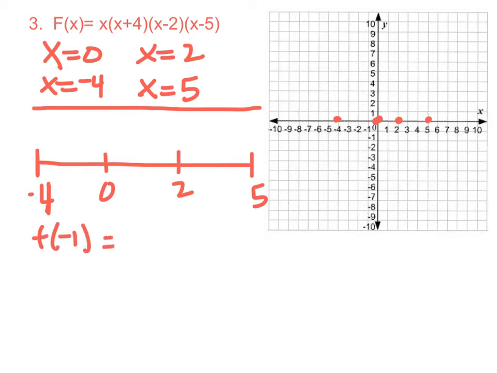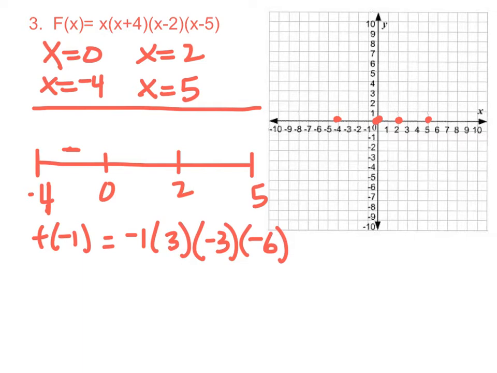All right, so let's start by finding, let's say, f of -1. So when I plugged f of -1 into the original, I get -1 times 3 times -3 times -6. And when we multiply all that out, that ends up being a negative number. So f of -1 is a negative number.